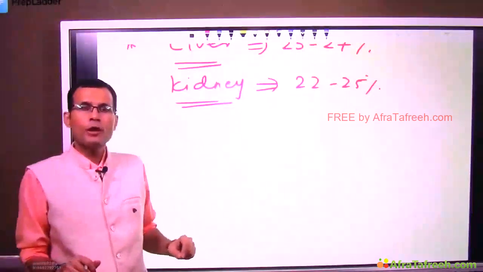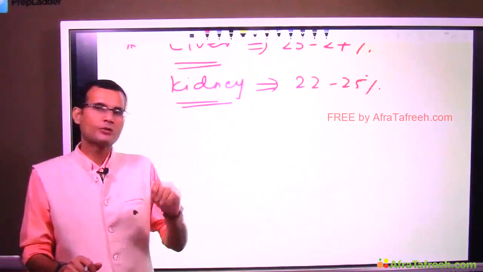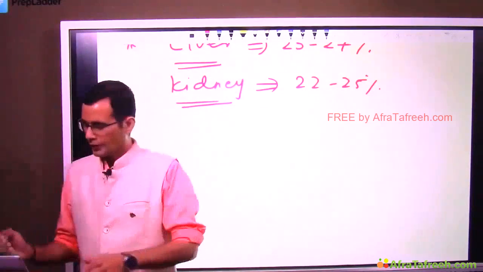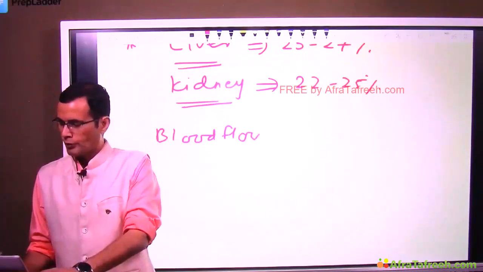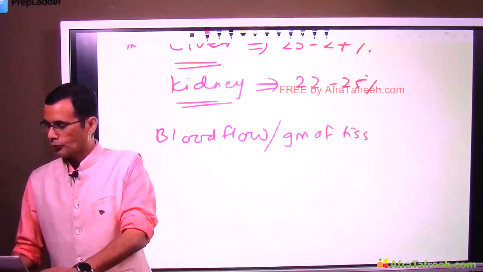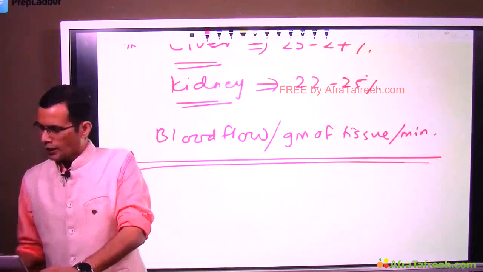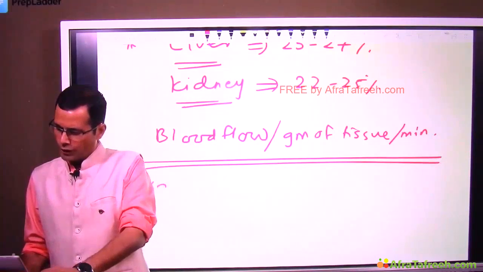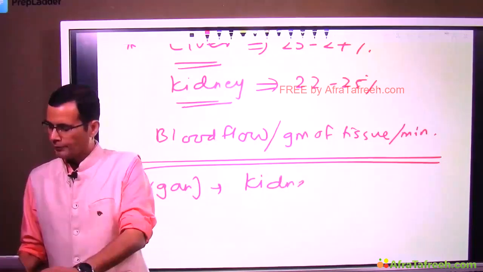Greatest blood flow per 100 gram of tissue per minute. Now this will be obvious. Let's write down blood flow per 100 gram of tissue per minute. If I'm talking about the organ, then the answer will be kidney.